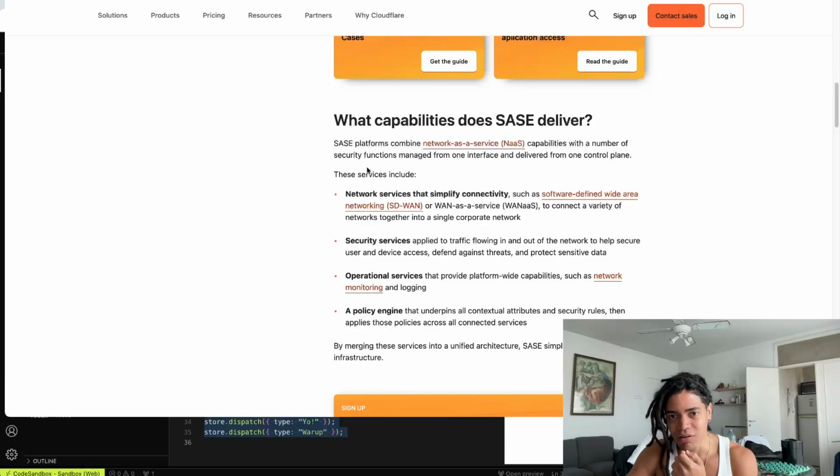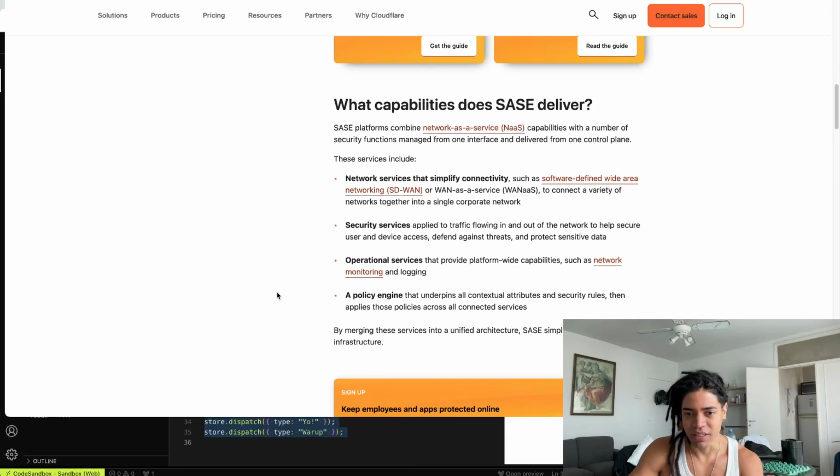Network as a service. Everything now is a service. This includes network services that simplify connectivity, security services, operational services, and a policy engine.